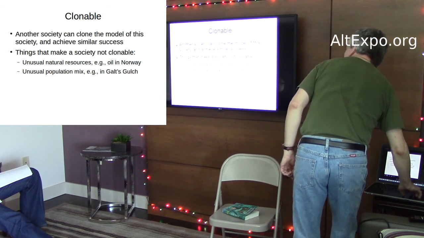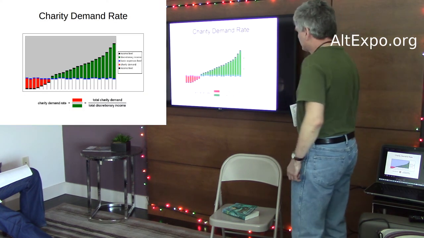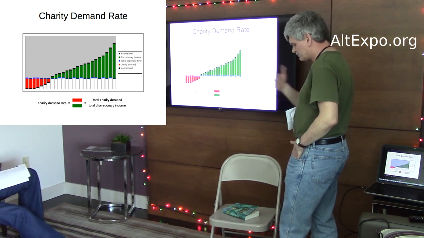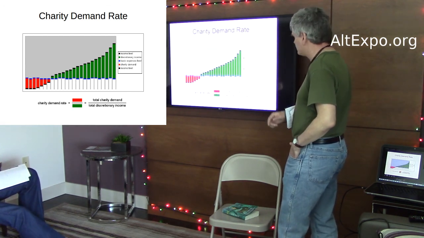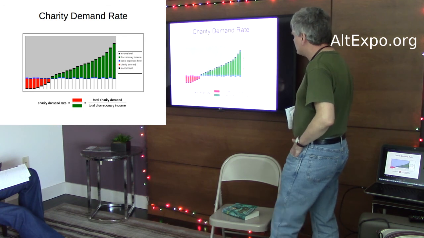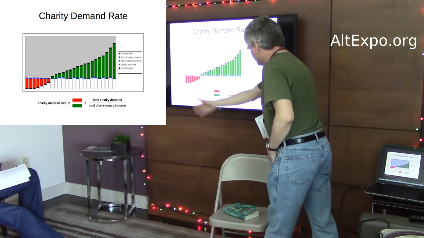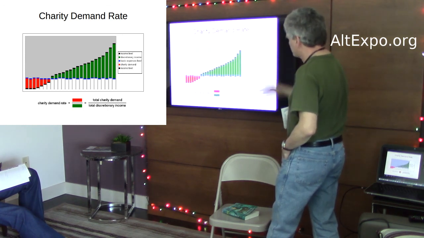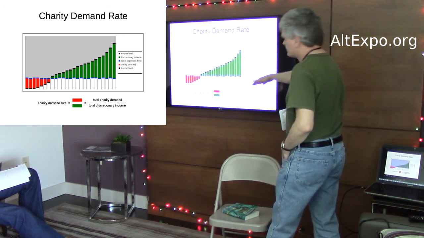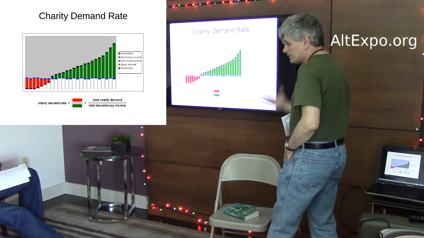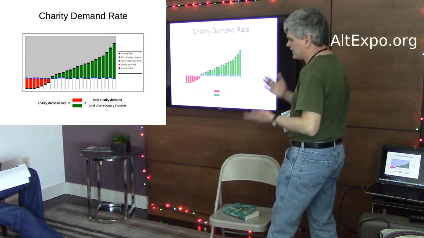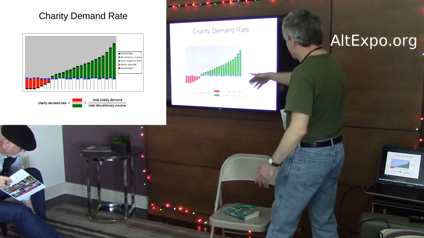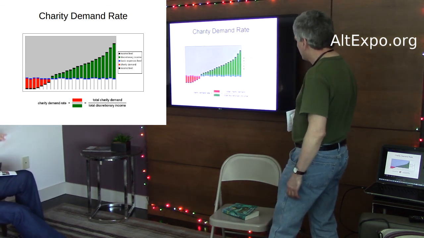All right, charity demand rate. I actually did an Ignite talk on this last year, so I'm reusing some of the slides here. Here we have a small society with their incomes arranged in increasing order. The blue line is what you need to get by, the cost of living, basic needs. The green is anything above that, discretionary income.